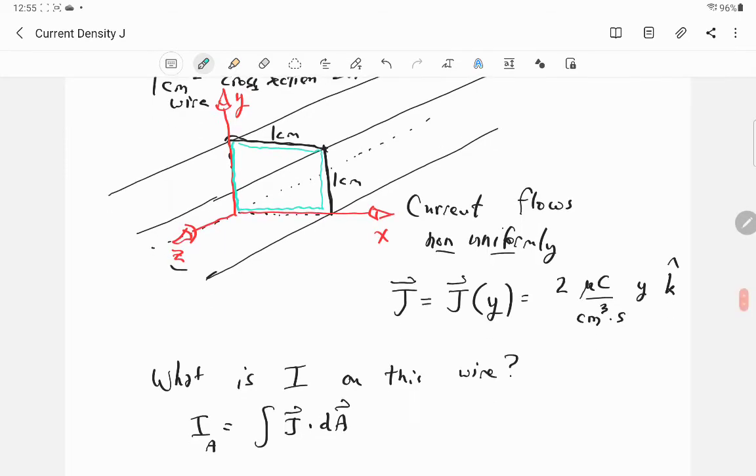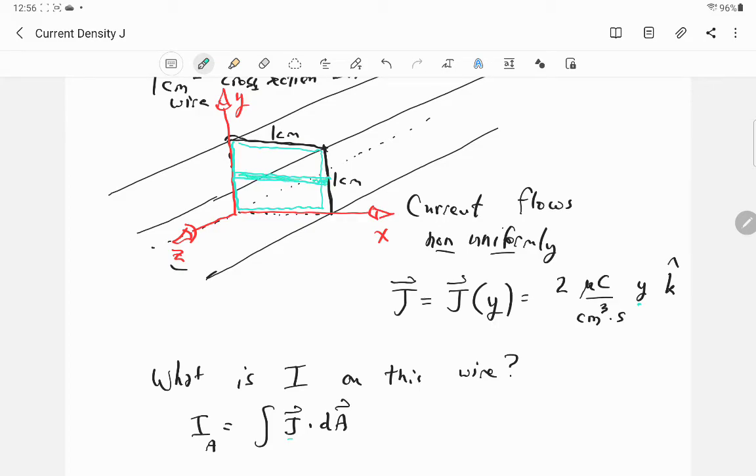But because j depends on y, when I do this integral, I'm going to have to treat y in a special way. And the way I'm going to do that is I'm going to imagine going in and just studying strips of area that go across like this.